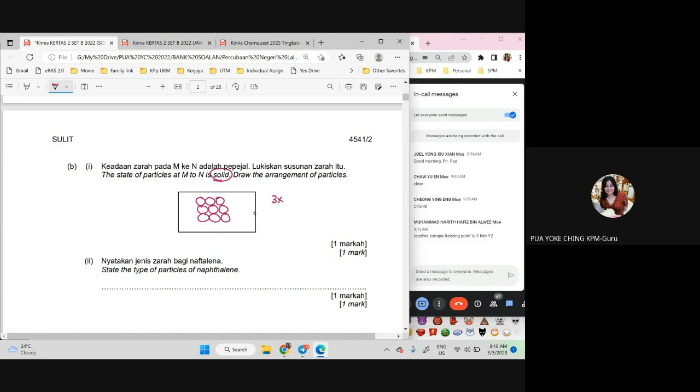At least 3 times 3, 3 columns, 3 rows. Don't be like me, where some went outside. So remember to bring in your ruler that you already punched. Okay, so this is solid, at least 3 by 3.